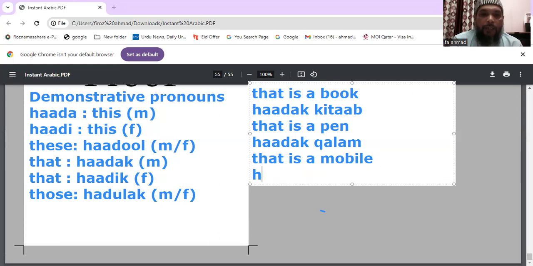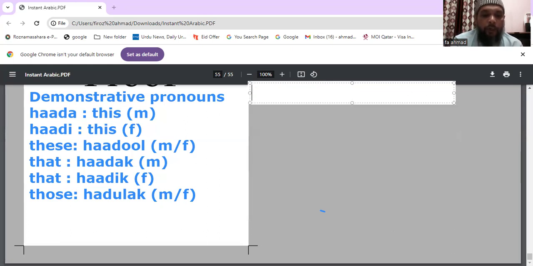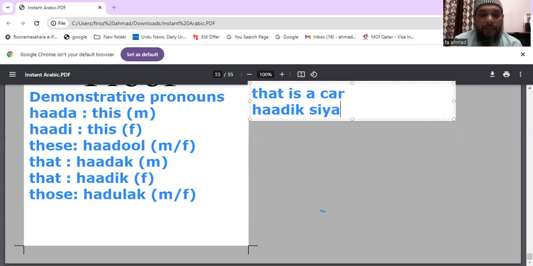Now is that for female, any feminine words. So that is a car. You can say hadik siyara.